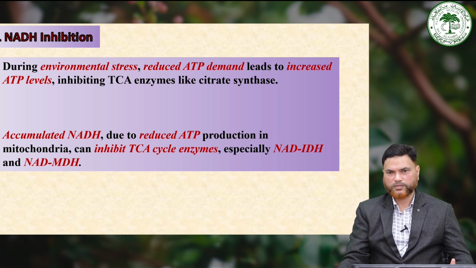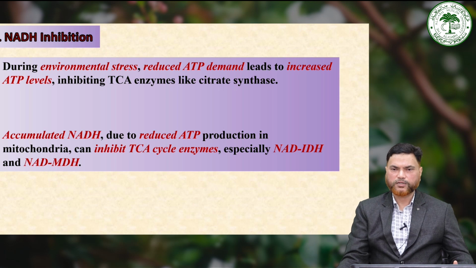NAD-IDH is typically found in the mitochondria and its activity depends on the presence of NAD. The activity of NAD-IDH is negatively regulated by levels of ATP and NADH. These high energy molecules indicate that the cell has sufficient energy and the TCA cycle can slow down to prevent unnecessary consumption of substrate.